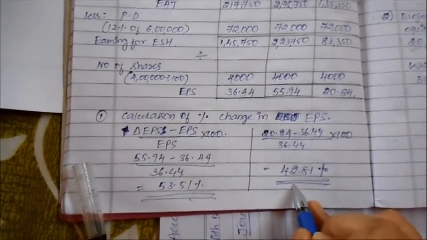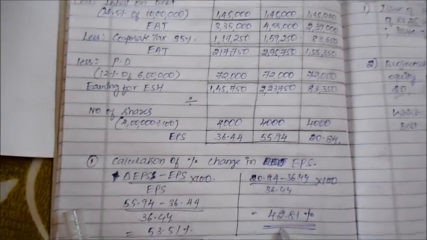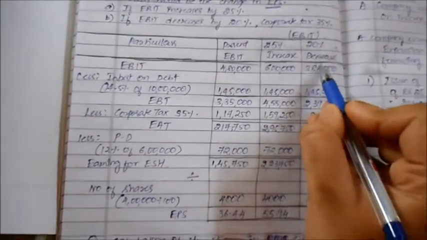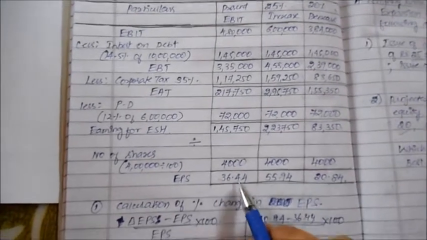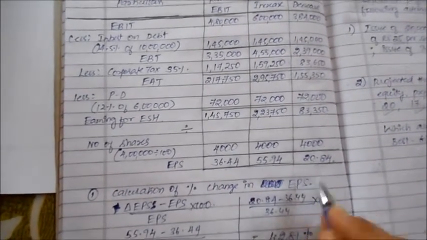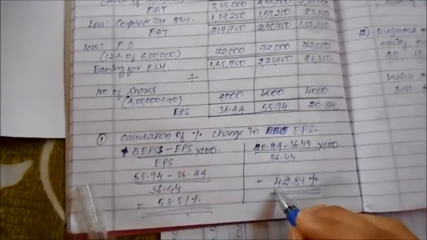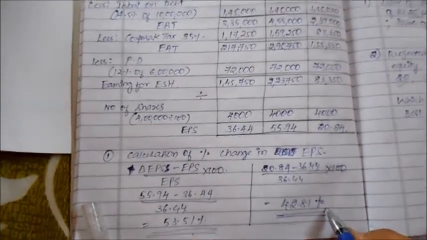So whenever you reduce your EBIT by 20%, the earning per share will also reduce, by 42.81 percent. This is exactly what we are trying to make you understand.